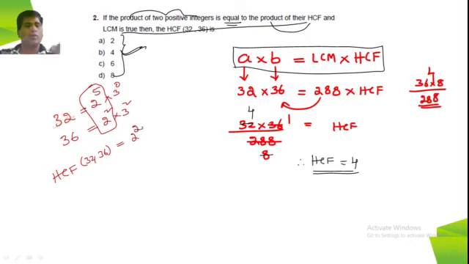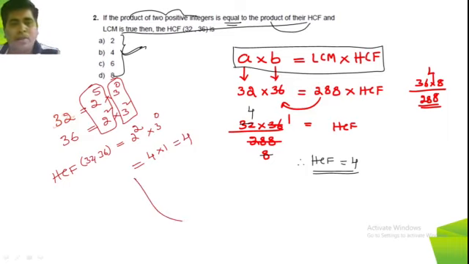Into what is the lowest power among these two numbers, 3 power 0 or 3 power 2? We have 3 power 0. So ultimately what we are getting: 2 square, 2 2s are 4, 4 into 1. So we can do it by this method also, and if not based on the question, we can do it by this method. Whichever method is easy for you, you can adopt that one and practice it.